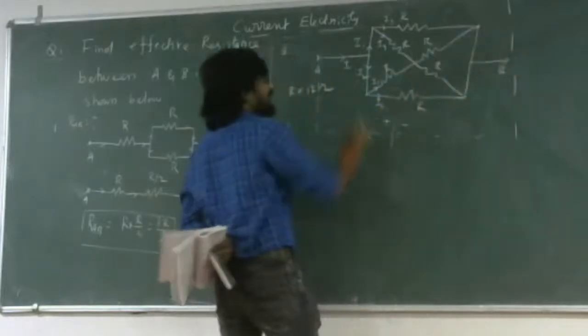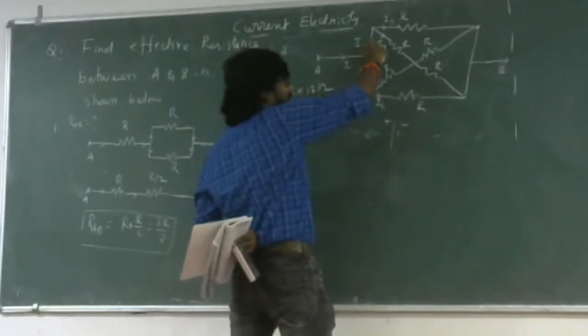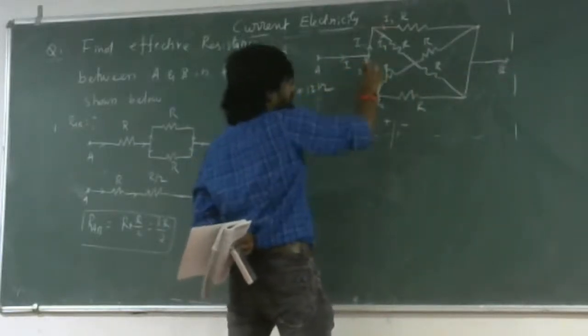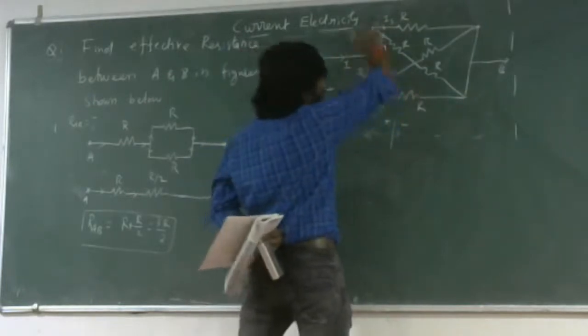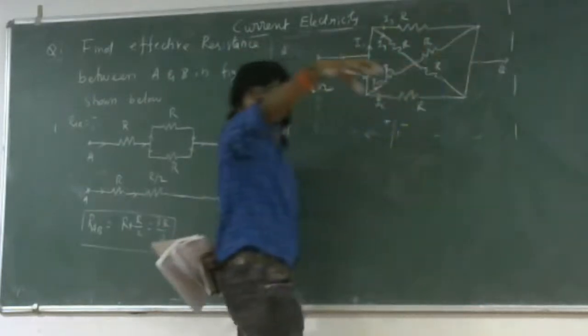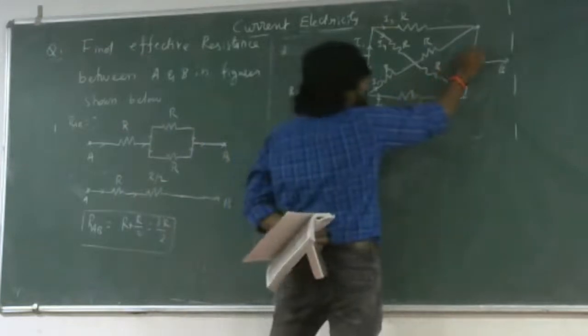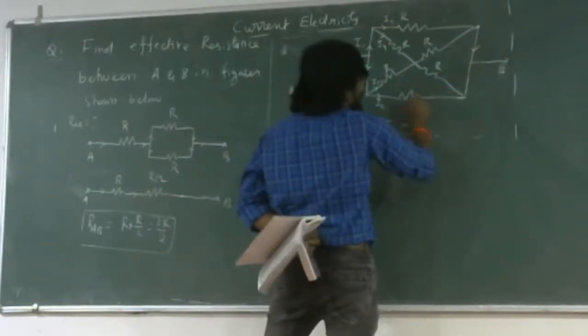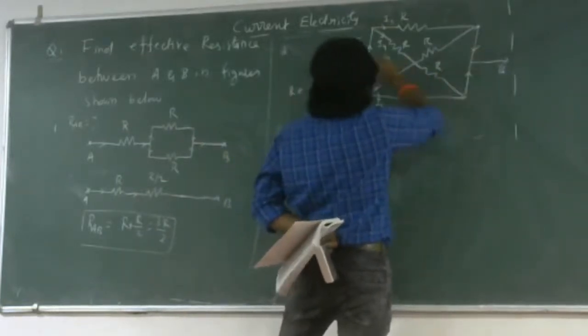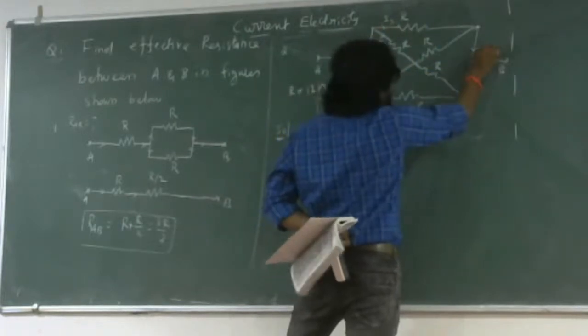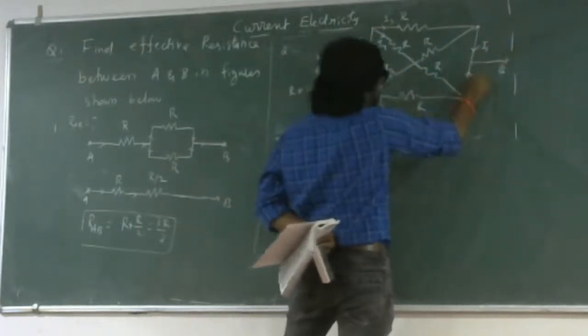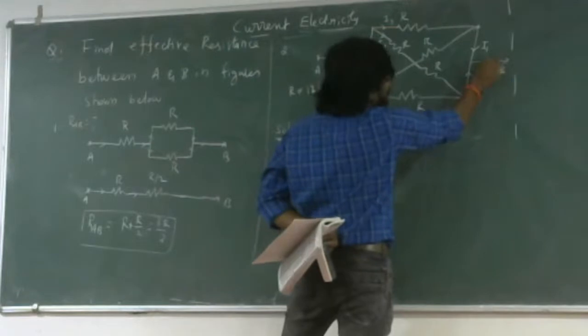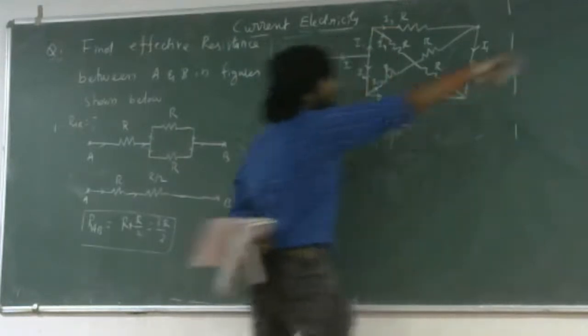You have to observe that once this current divides into I1, I2, and this here divides and this here divides, these will combine, go through some different ways, and come here. I1 should come here as I1 only, I2 should come here as I2 only, and these will combine and go as I.